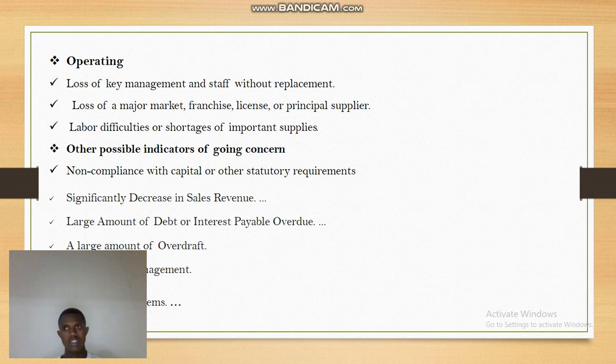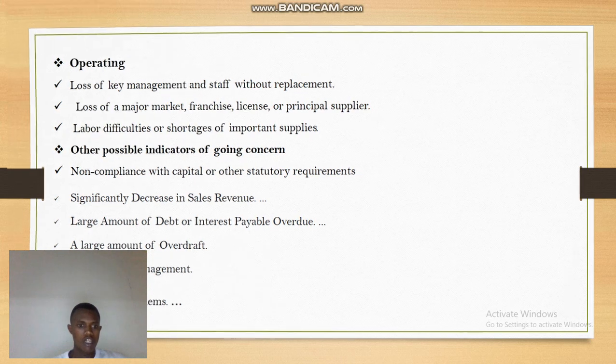Also, for a business-oriented entity, when there is a decrease in sales revenue, a loss of key management, and cash flow problems, where the company is not able to pay expenses like salaries and wages, make advertisements, or create activity that can make money, you can say these are indicators of a going concern problem.